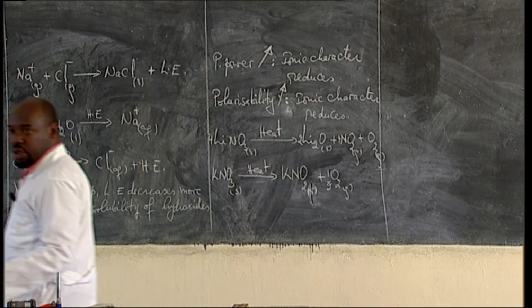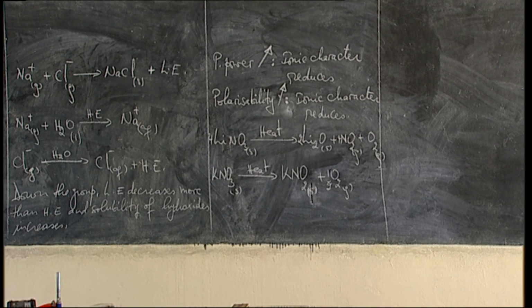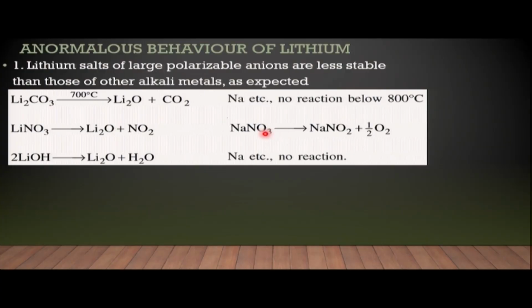You see the equations: lithium nitrate. This is not right. You will ignore this one. This is a mistake. But this is how lithium hydroxide decomposes. This is the decomposition of sodium nitrate.